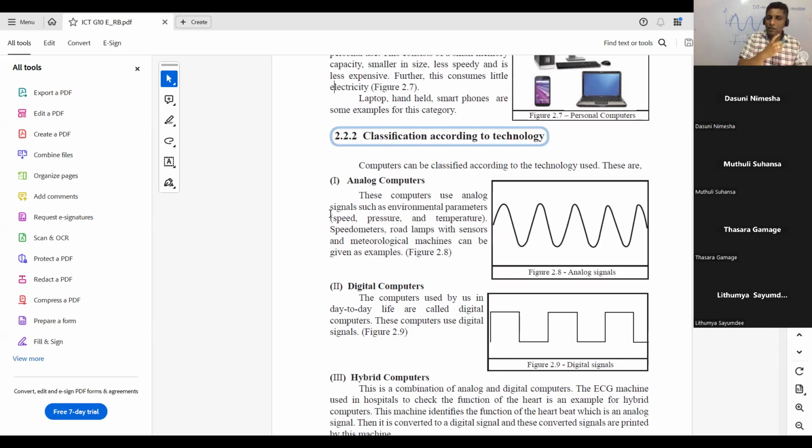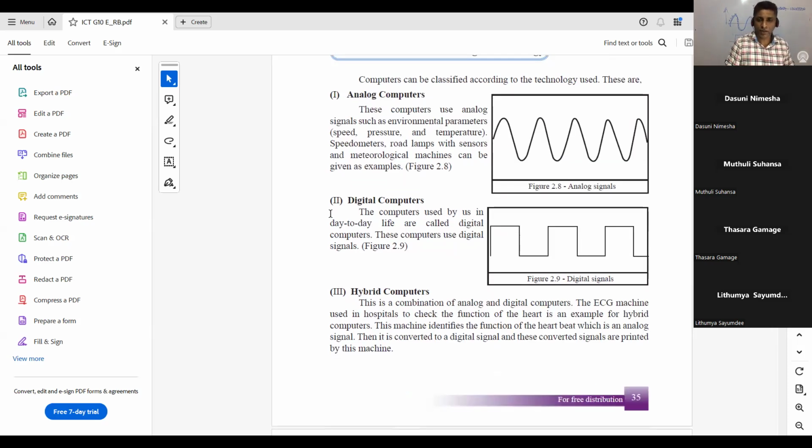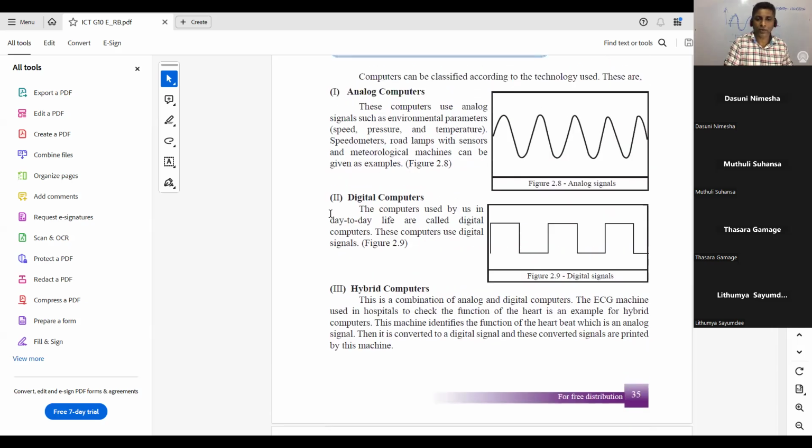And meteorological machines use analog computers. Digital computers, those are nothing but our general purpose computers, daily use. All the computing devices you see today use digital signals, ones and zeros, right?